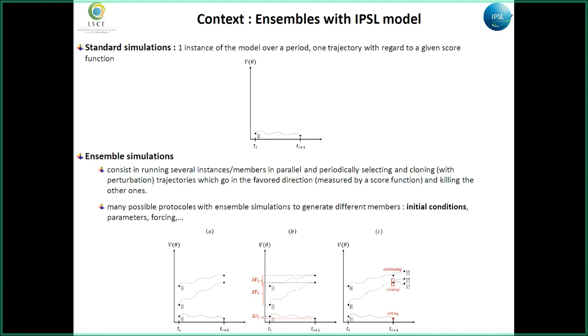With regard to the score, over a period, we will kill the first one, we will clone the second one, and we will decide to continue the third one, so that we still have 3 members for the following period.